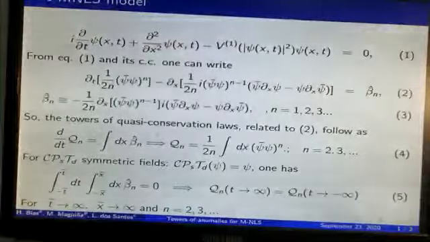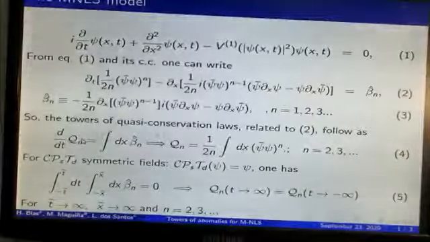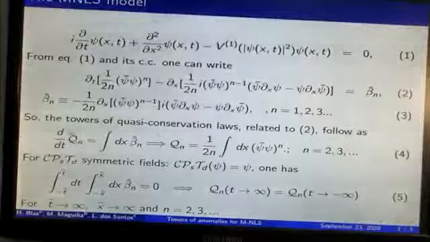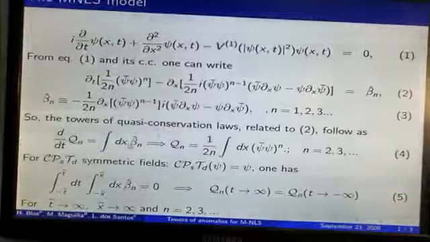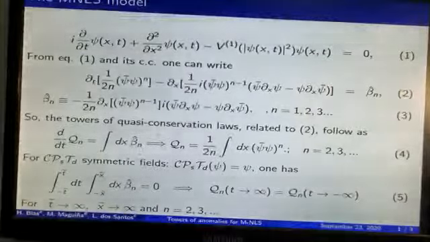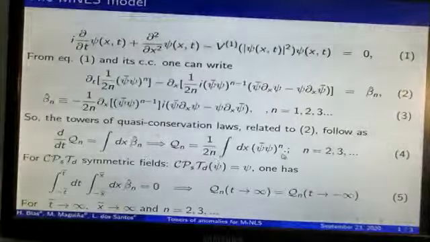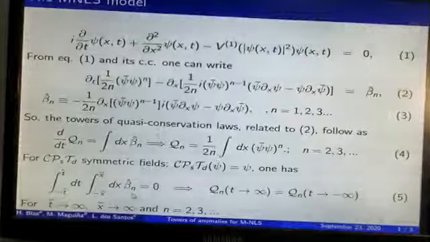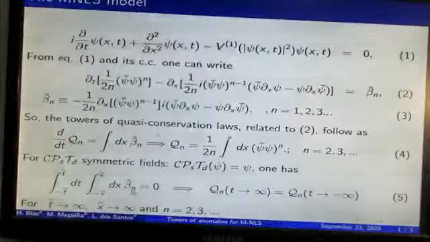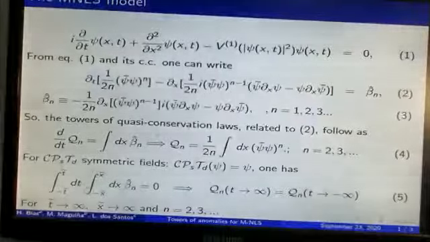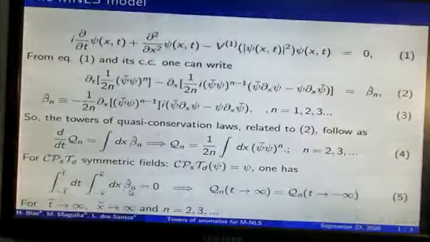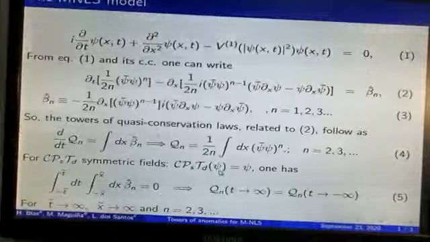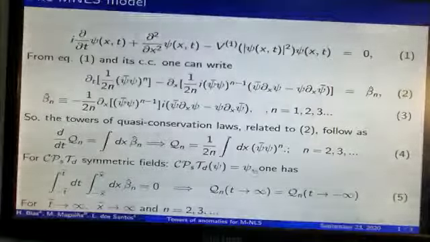From this equation one can define a quasi-conserved charge, such that its time derivative is equal to the integral of this anomaly. The interesting thing is that the space-time integral of this anomaly vanishes, provided that this psi field satisfies this symmetry.